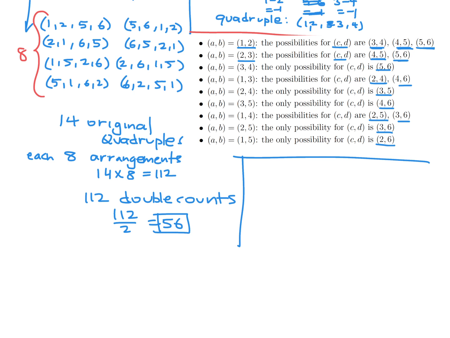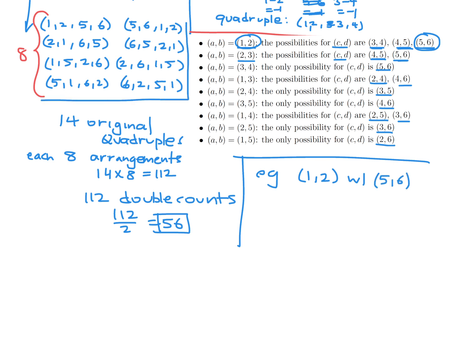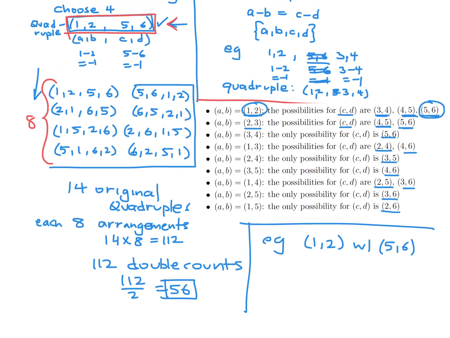For example, let's just choose the first one. We had 1, 2 with 5, 6, the original one. We got these 8 arrangements, right? Well, we got the original, which is 1, 2, 5, 6 up here, and then we made those 8 arrangements.